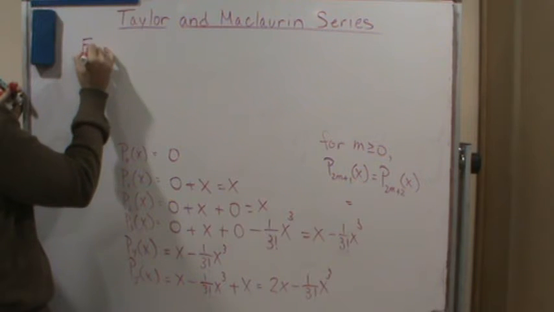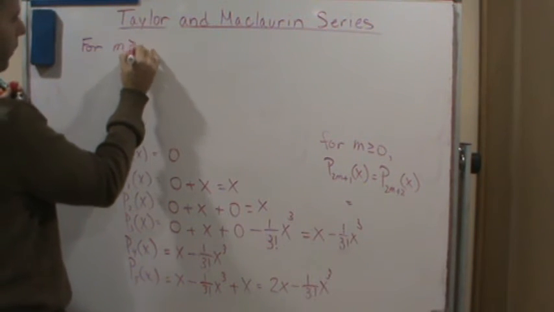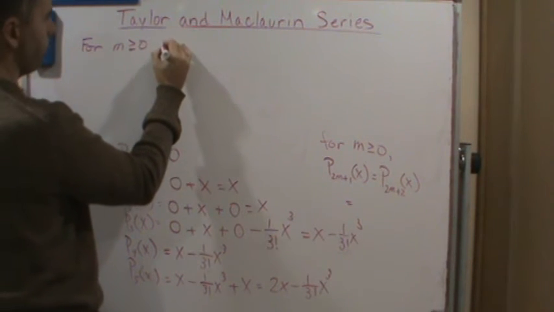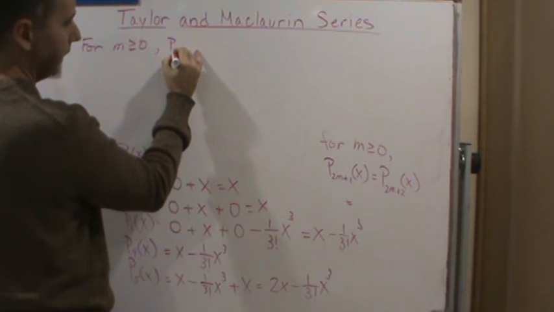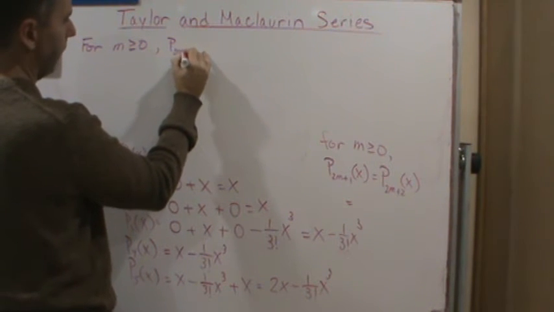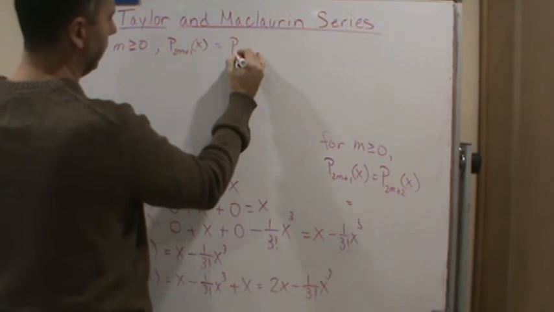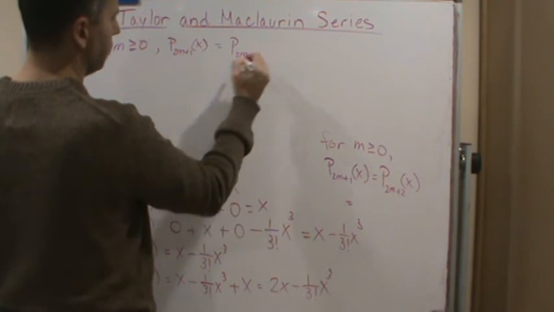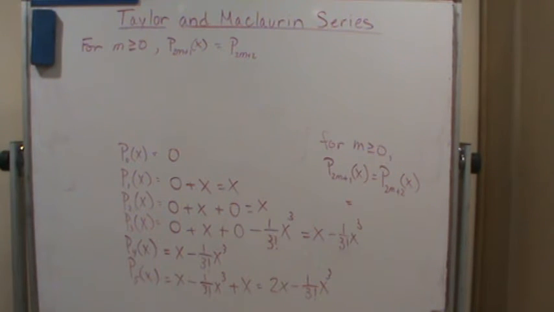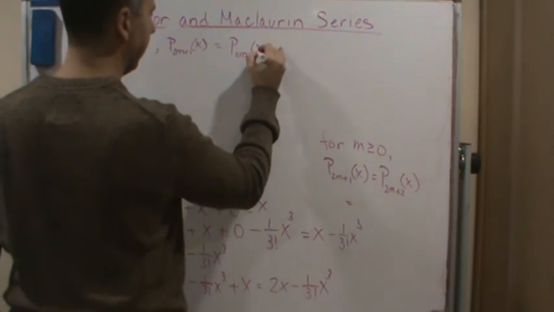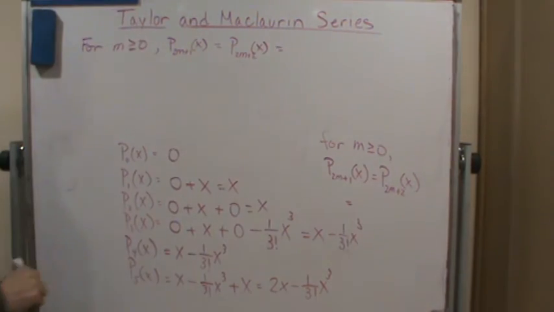For m greater than or equal to 0, P sub 2m plus 1 of x is equal to P sub 2m plus 2 of x, which is then equal to what?